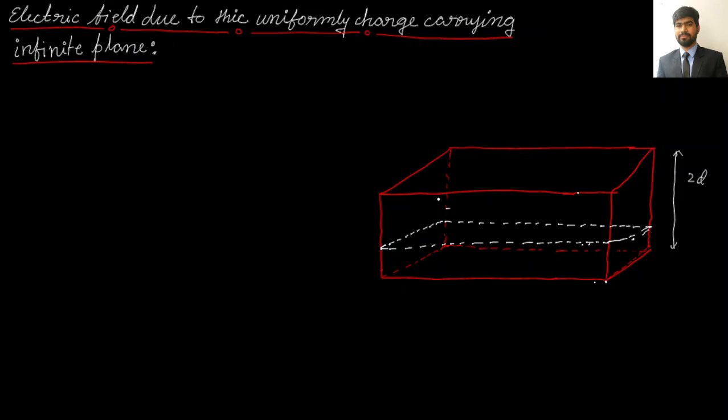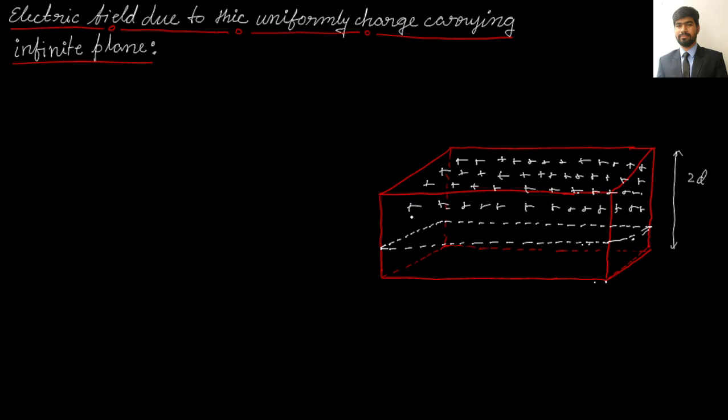Since this is thick, the charge will be distributed over the volume, and the volume charge density is uniform. As I told you earlier, a thick charge-carrying plane can be considered as constructed by a large number of thin charge-carrying planes.